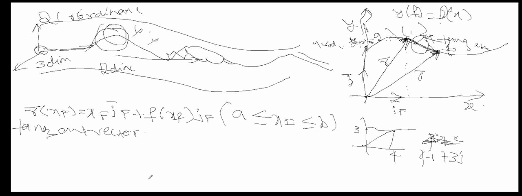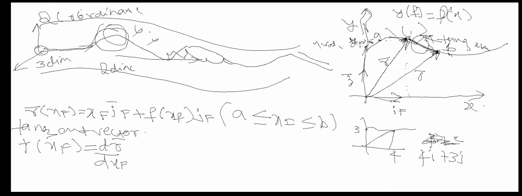Now how do we write this tangential vector? It is represented by t of xf, which is equal to dr vector divided by dxf. Why have I written this? This vector is nothing but how r is changing with respect to xf.